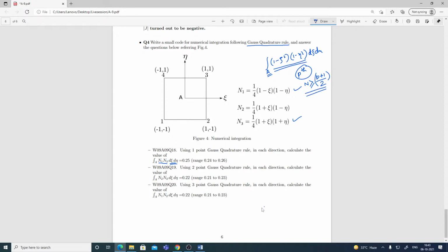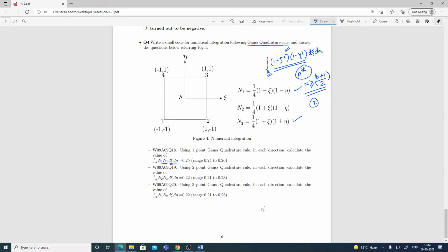What is p? p is the degree of the polynomial, or the degree of the integrand. The maximum degree here is 2. So your number of quadrature points should be at least (2 plus 1) by 2, that makes it 3 by 2, 1.5. You cannot take a decimal, so you have to take the number of integration points as 2. You cannot take less than that, otherwise your integration will be incorrect. That is the purpose of this problem.